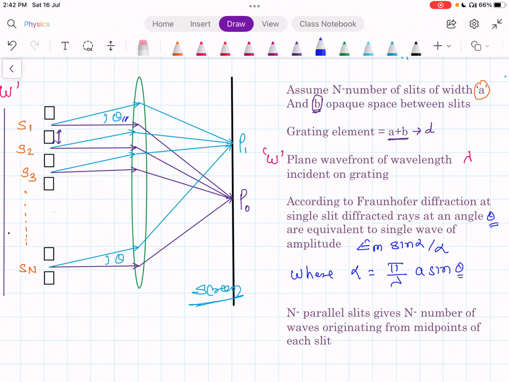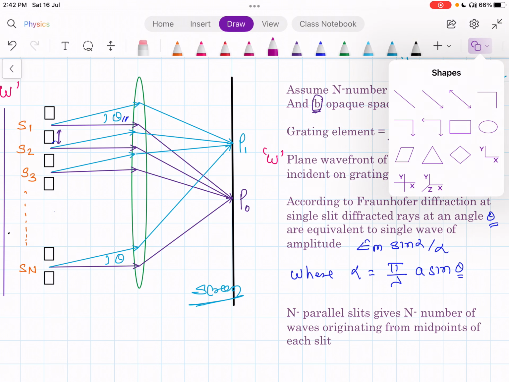So n number of waves are reaching at point P1, and to find the electric field distribution or the intensity at point P1, we have to find the path difference between these n number of waves which are reaching at point P1.